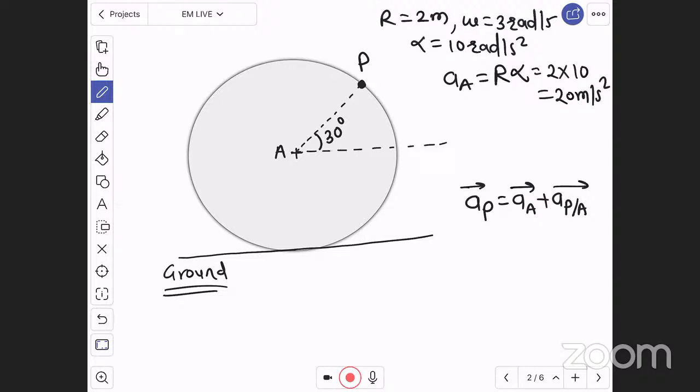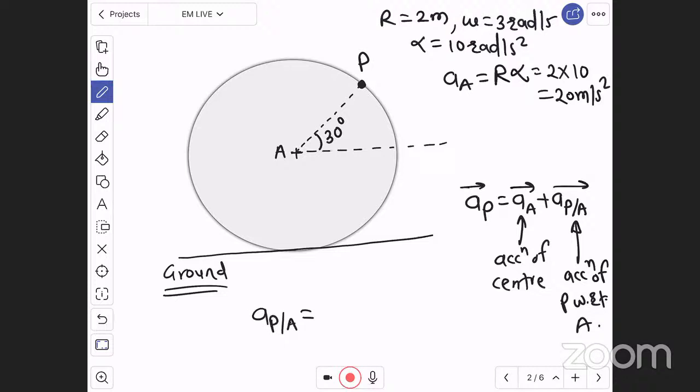That is, it is the acceleration of the center point, and here APA is nothing but the acceleration of P with respect to A. And the acceleration of point P with respect to the center point has two components. The first component is tangential acceleration and the second component is centripetal acceleration.